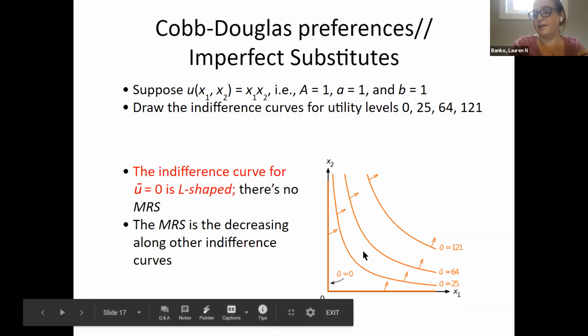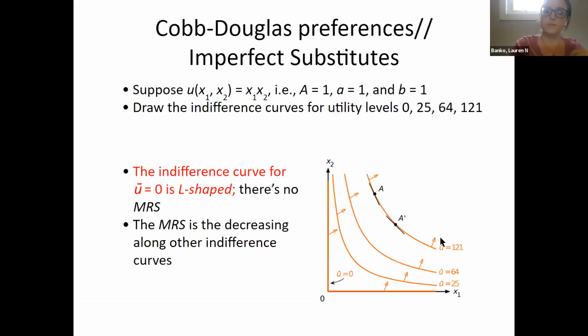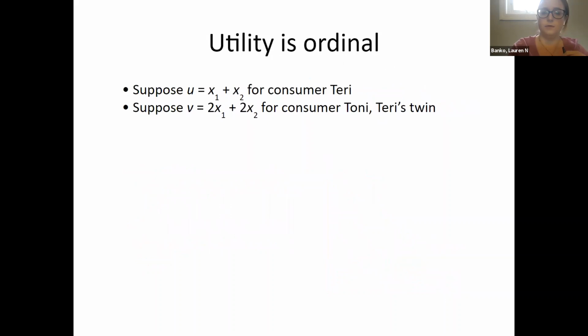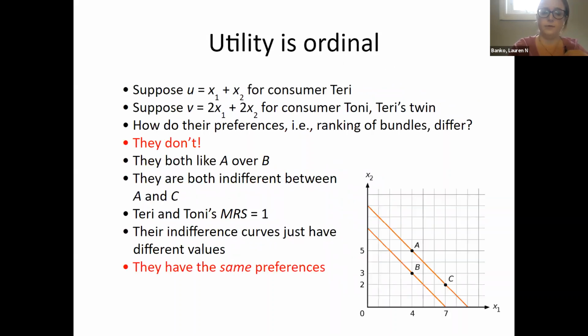So like this line that they drew had utility of 25, the next one 64, 121. So if you see a picture like this, where they're not 90-degree L curves, you definitely have Cobb-Douglas. So this isn't too important.